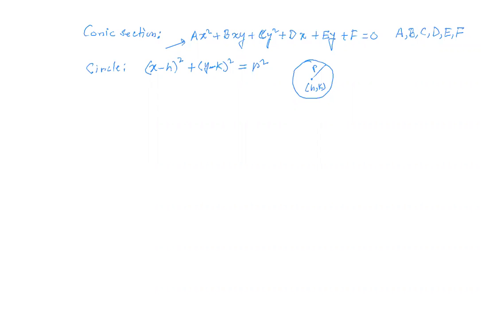Let's say I have x square plus 4x plus y square minus 6y plus 3 is equal to 0.